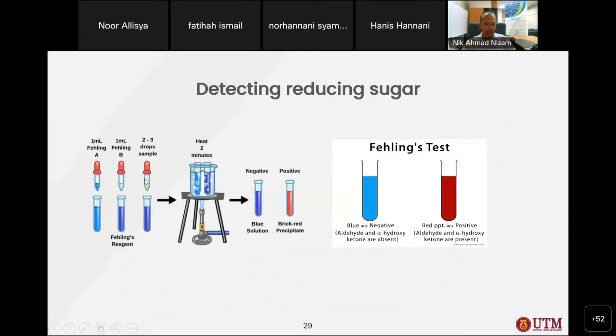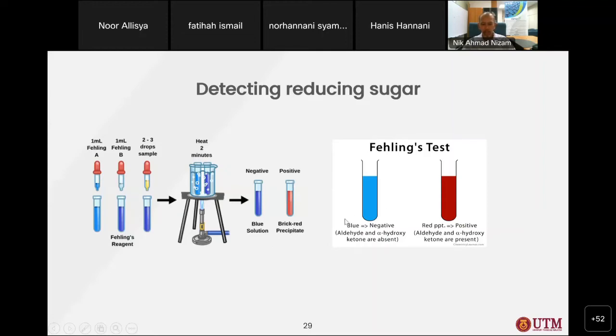This is an example of how we can detect reducing sugar. We have 1 ml of Fehling A and B, 2 to 3 drops of sample, and we heat it. If there is no reducing sugar, it will remain a blue solution, which is negative. If there is a reducing sugar, glucose, inside the sample, it will change to a red precipitate.